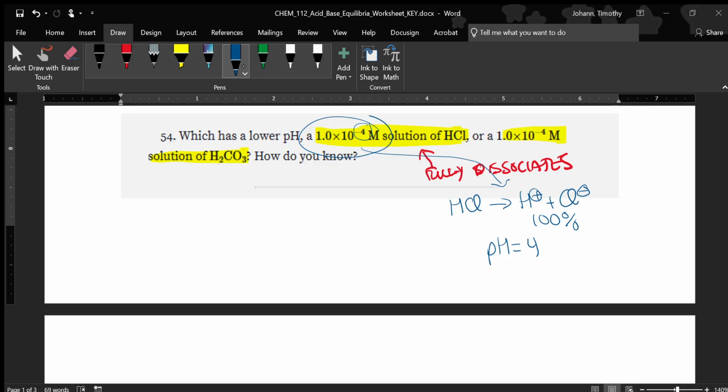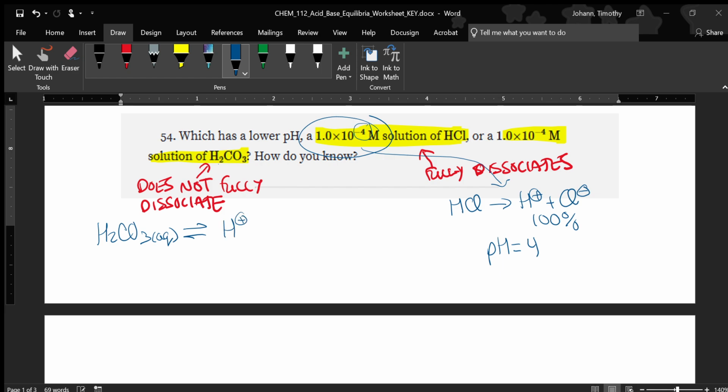This one is a weak acid, does not fully dissociate. Okay, so what that means is we're going to end up, if we have H2CO3, I should have done my aqueous over there, I didn't. There's going to be an equilibrium.